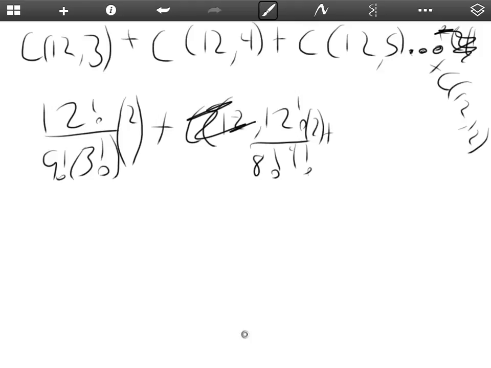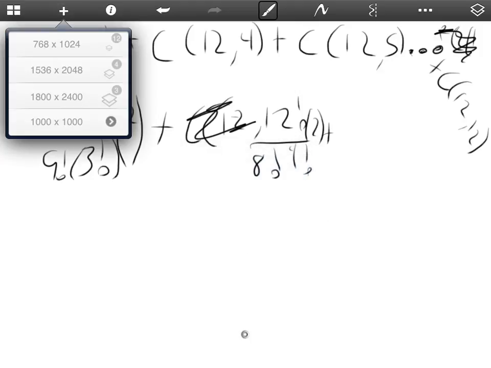You have to calculate this out too, and you're probably going to skip ahead five minutes if you've already calculated it. So 12 factorial over 9 factorial times 3 factorial, plus 12 factorial over 8 factorial times 4 factorial.